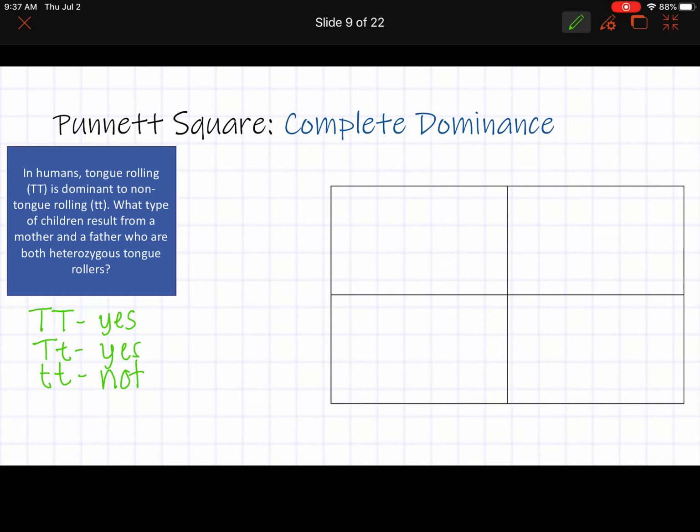What type of children result from a mother and father who are both heterozygous tongue rollers? So they're both these guys right here. So we're crossing the heterozygous and the heterozygous. So now we have to put them in our Punnett square. And now we just follow the chart.